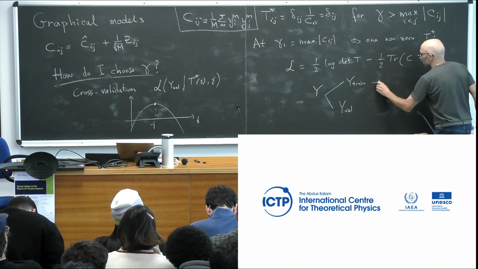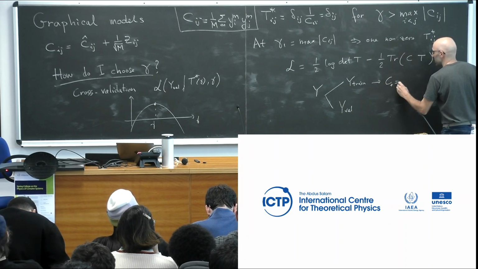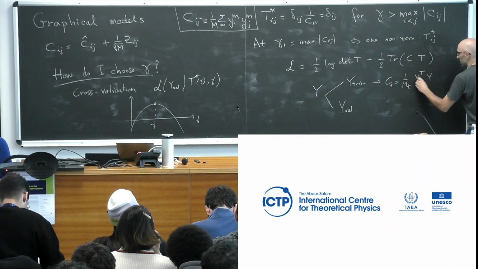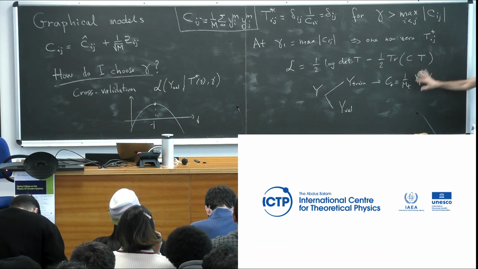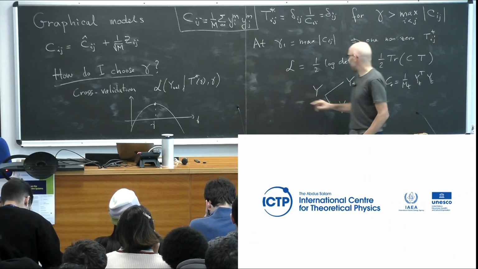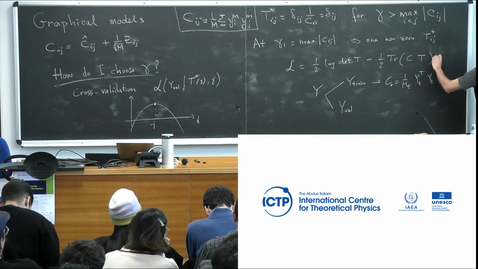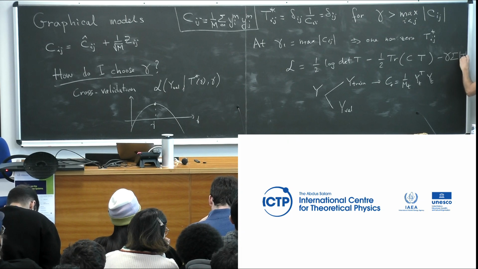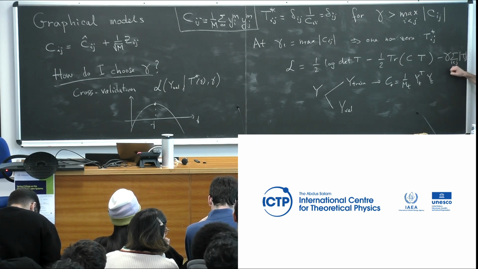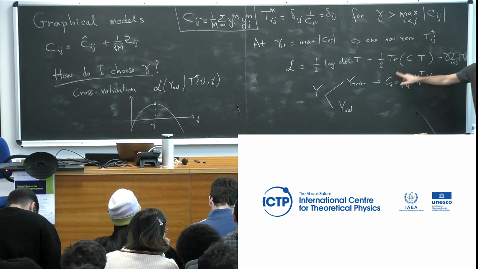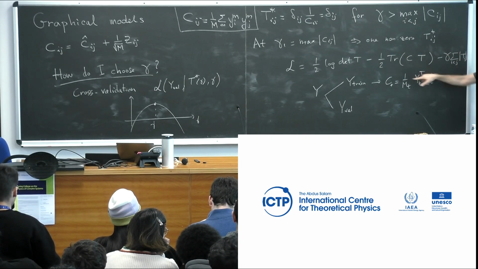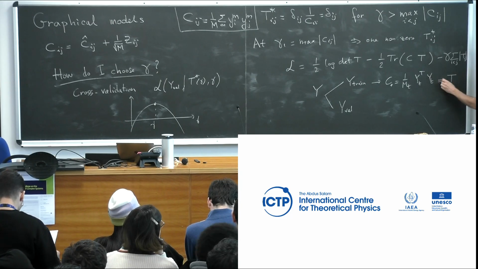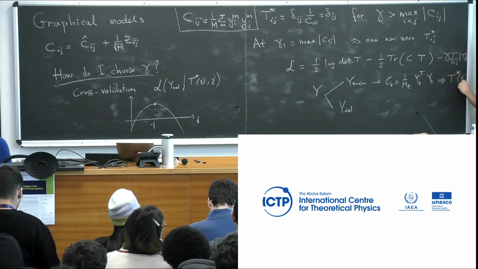From the training set, you compute C training, which is going to be 1/m training times y transpose training y training. So you compute this matrix, and then from this matrix, here you can add the L1 penalty. So you fix a gamma, you maximize this thing, and you get t. Okay? So this will give a t star of gamma.